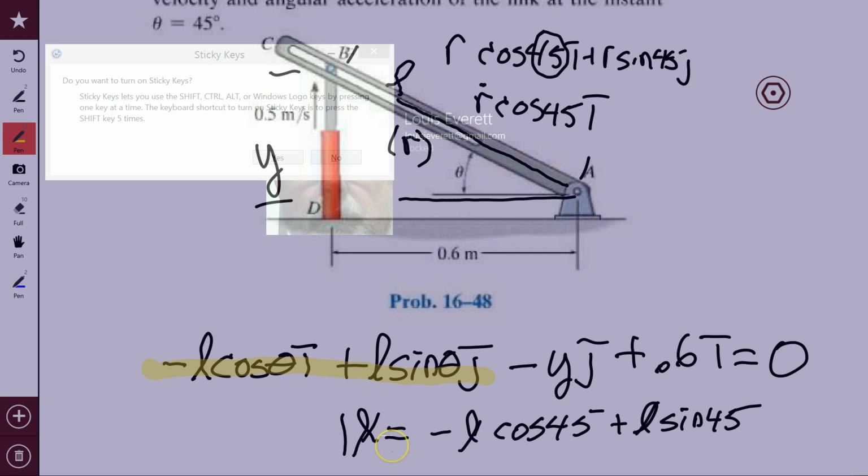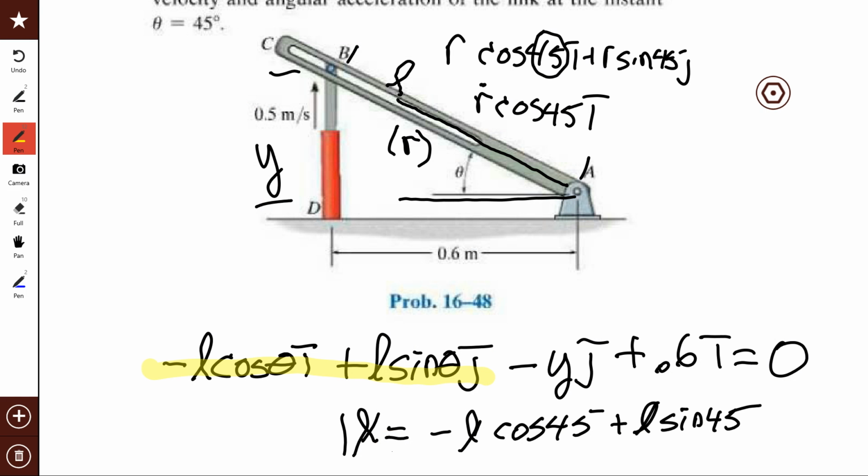Do you want to know something about it? Is that what the question asked? What's the velocity of B? Not really. But why is it special? It touches more than one body. That makes it special. You only write the omega R equations on special points.